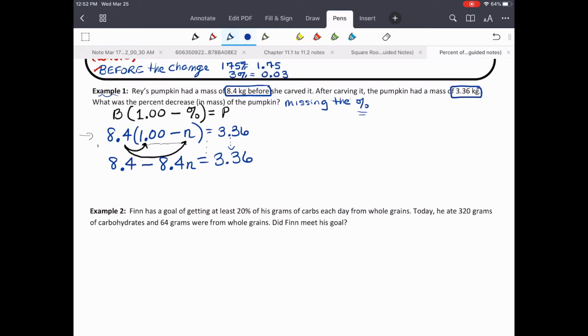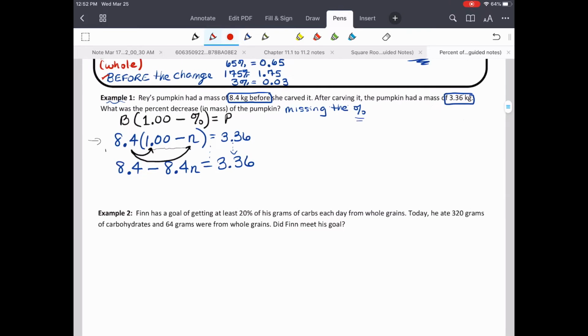So those things just kind of drop down. All right, now the next step is, we have a two-step equation here, and you want to undo things the right way. The thing you want to remember here is, I know there's subtraction there, but that's really negative 8.4n, and you don't want to touch that first, because the only way to get rid of the 8.4n is to divide. So the first thing that you want to do is subtract 8.4 from both sides. Now those cancel each other out.